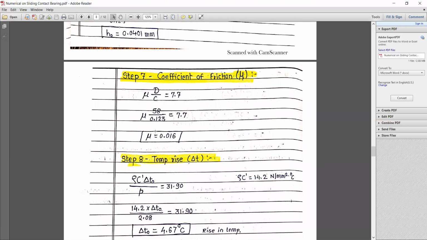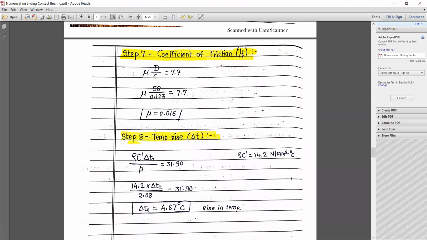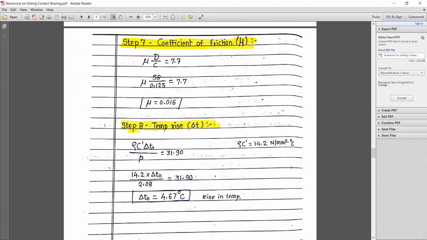Next, we need to calculate the coefficient of friction. Similarly, we have selected the dimensionless parameter mu d by c is equal to 7.7. Putting all the values, we get the coefficient of friction equal to 0.016.